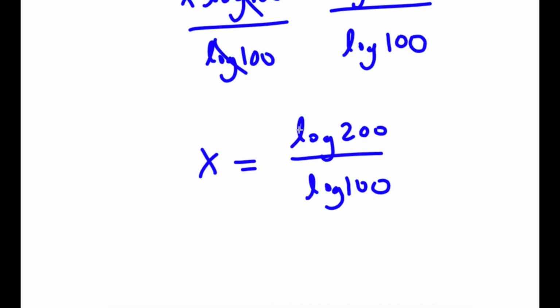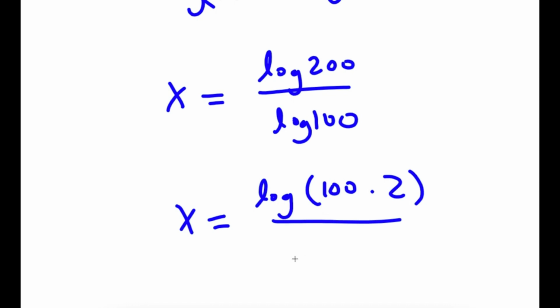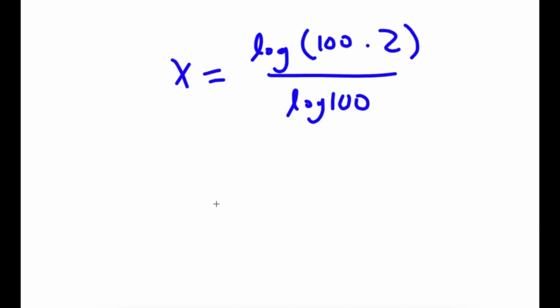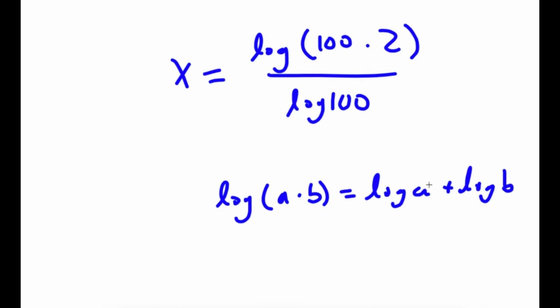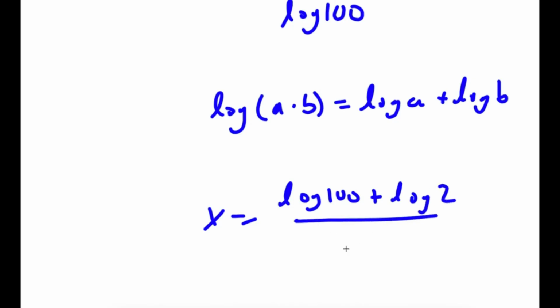Now, log 200, this is the same thing as log of 100 times 2. And I have this over log 100. So now if I have something in the form log of a times b, this is equal to log a plus log b. So log 100 times 2, that's going to equal log 100 plus log 2. And now I have this over log 100.